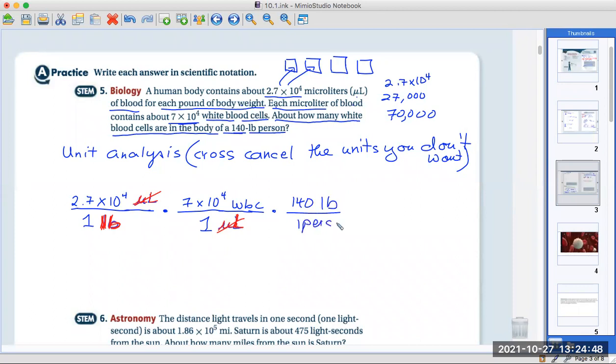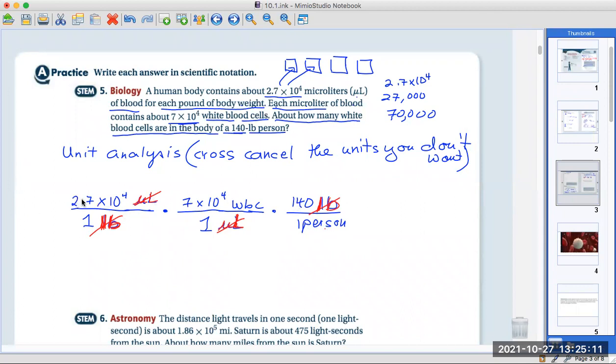Could be you. Now notice that I can cross-cancel pound. Cross-canceling means the unit on the bottom and the top is gone. All we have left is that white blood cell count per person. You notice that? So now we have to multiply the numbers.